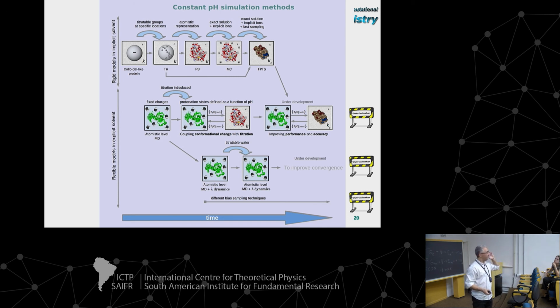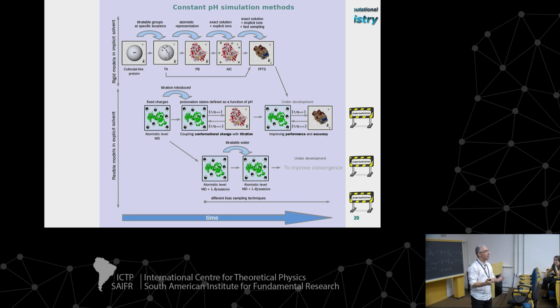If I have a histidine here and there is an arginine there, of course when I put them closer together, there should be an effect. But in a constant charge model, the only effect is that if this is negative and this is positive, they are going to stay closer. So you don't let the system change the protonation states. This is what I mean by constant charge simulation.